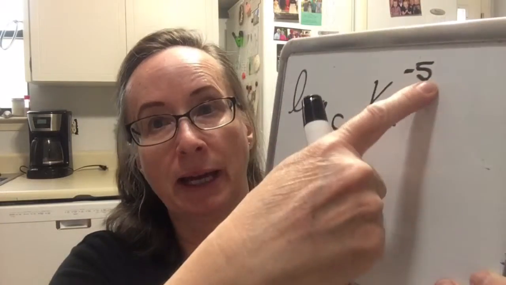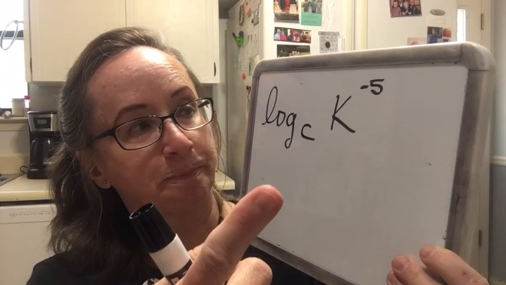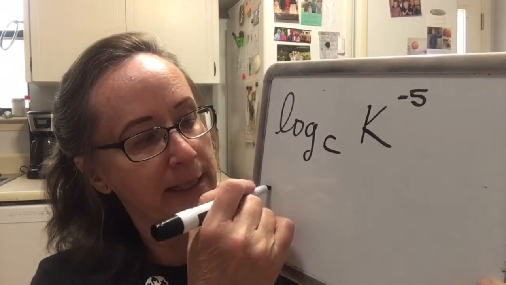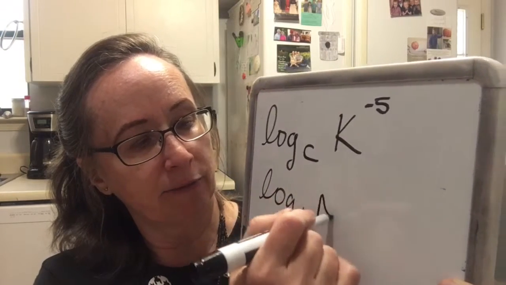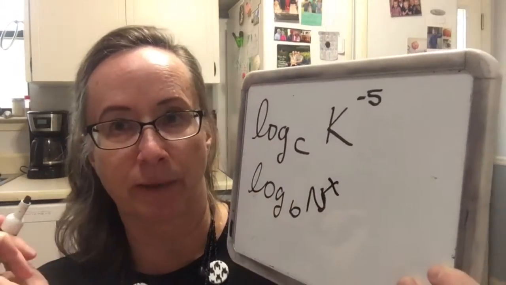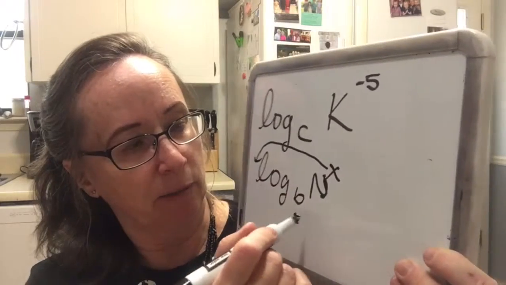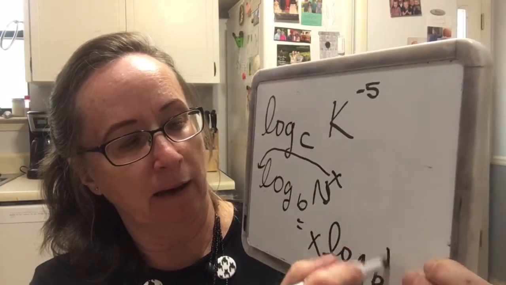Okay, but I'm going to go ahead and use this method, which is the power rule for exponents. The power rule basically says that if I have log base b of n to the, we'll let this be x, then this x can run around to the front and equal x times log base b of n.